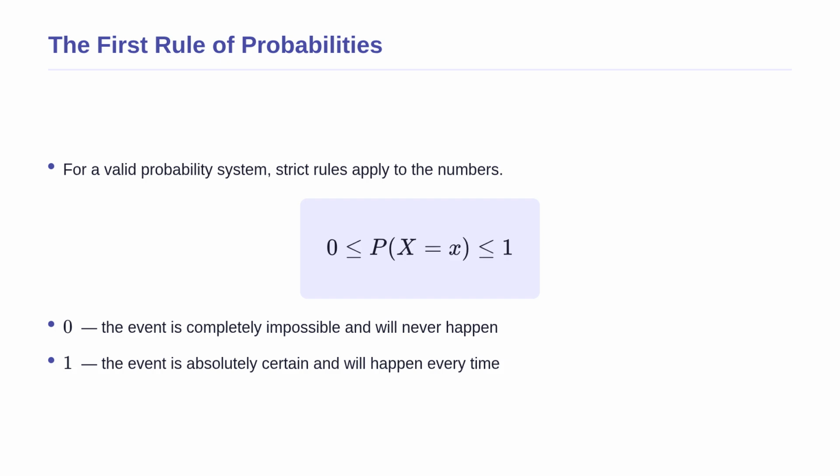A probability of exactly 1 means the event is absolutely certain and will happen every single time. In the real world, this means you cannot have a negative chance of something happening, nor can you have a chance greater than 100%. If you ever calculate a probability and get a negative number or a number bigger than 1, you know immediately that a mistake was made.